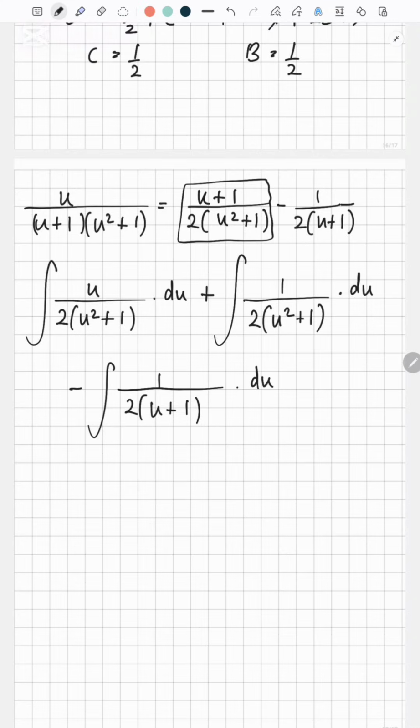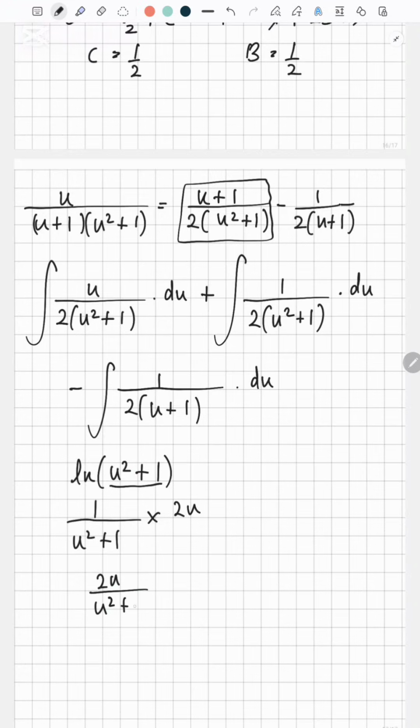If I write ln of u squared plus 1, what's going to happen when you differentiate this? You get 1 over u squared plus 1 into the differentiation of what you have inside, right? So what's the differentiation of u squared plus 1? That's 2u.